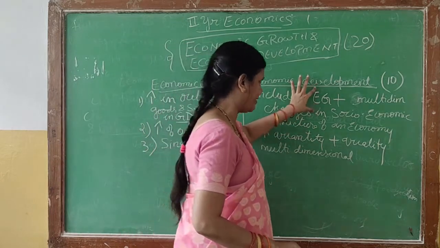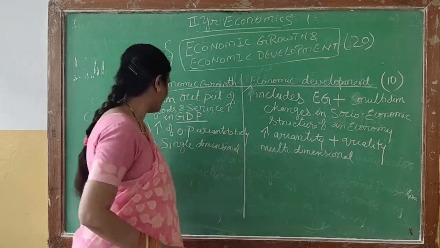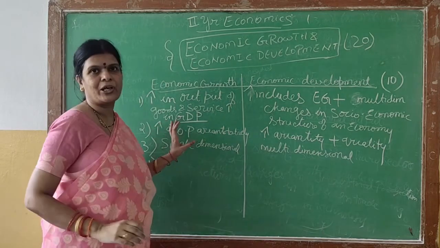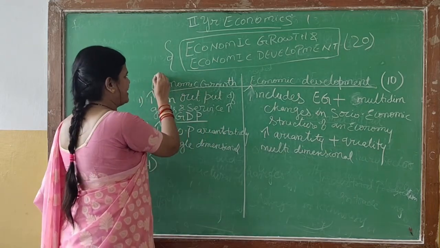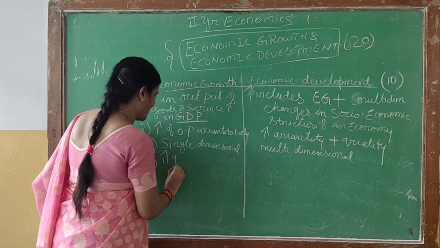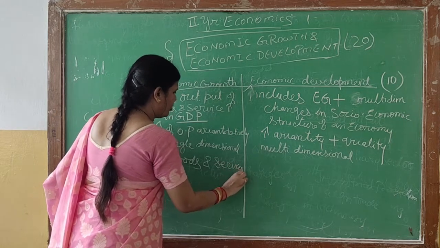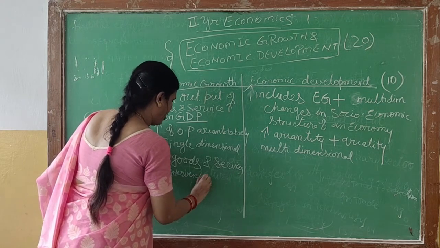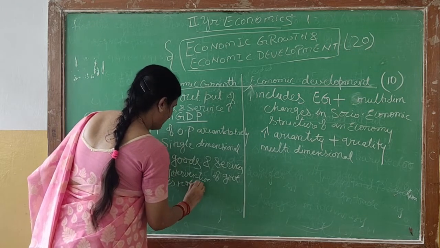Multi-dimensional means it includes economic growth plus the socio-economic structure of society. The fourth difference is that intervention of government in producing goods and services is not as necessary. In economic growth the aim is to increase goods and services, so intervention of government is not necessary.